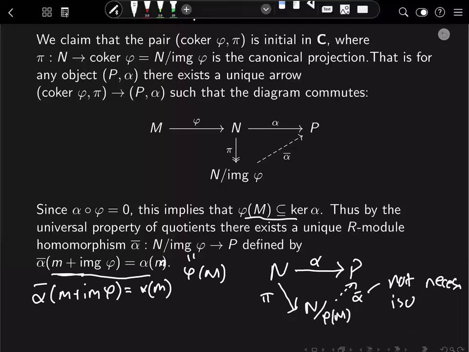But this does work for any submodule of the kernel. We have this quotient universal property, with a unique mapping from N mod the submodule of the kernel onto the codomain.